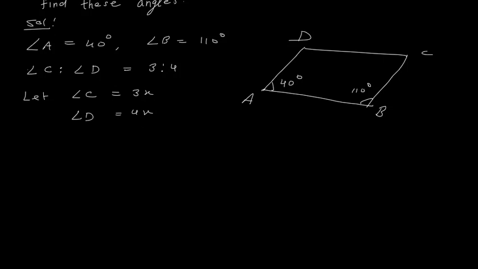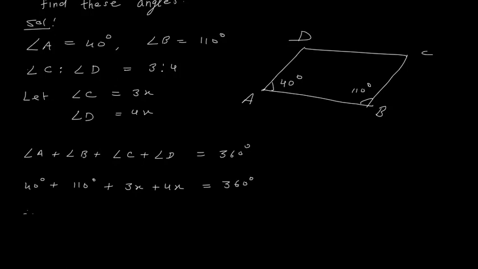So in a quadrilateral we all know that the sum of all angles, that is angle A plus angle B plus angle C plus angle D, is 360 degree. Now angle A is 40 degree, angle B is 110 degree, angle C is 3x, angle D is 4x. So 40 plus 110 is 150 degree, plus 3x plus 4x is 7x, that gives me 360 degree.